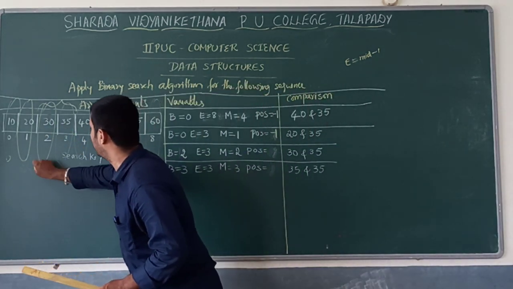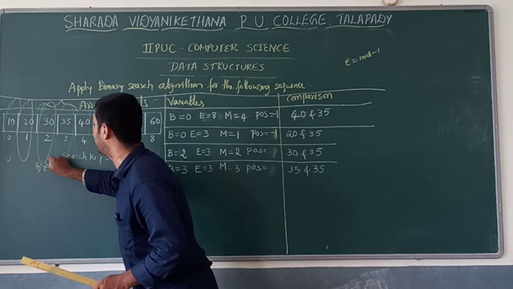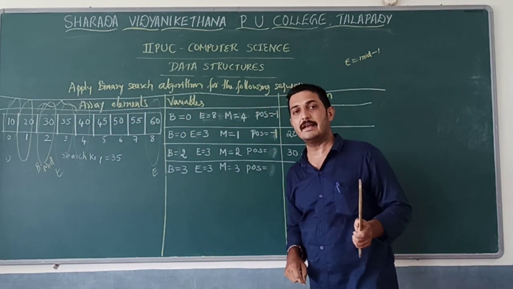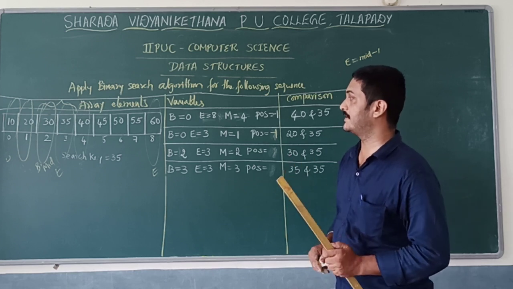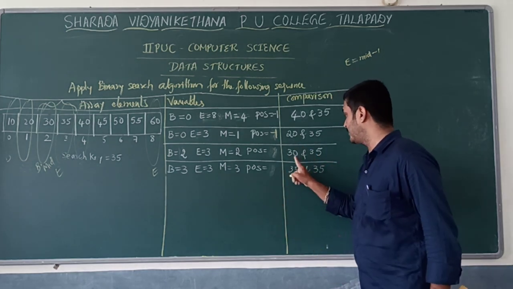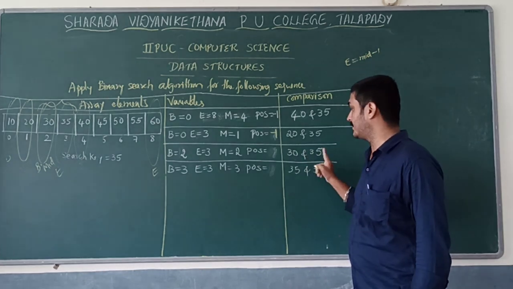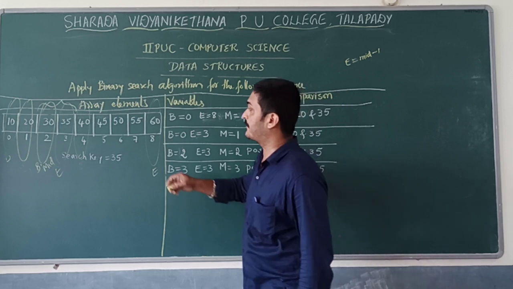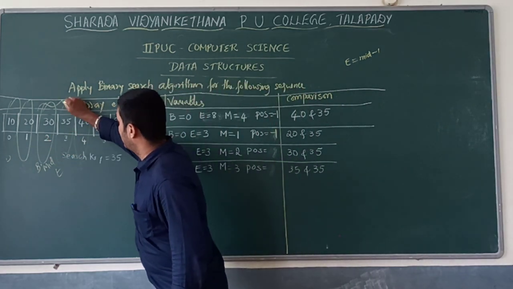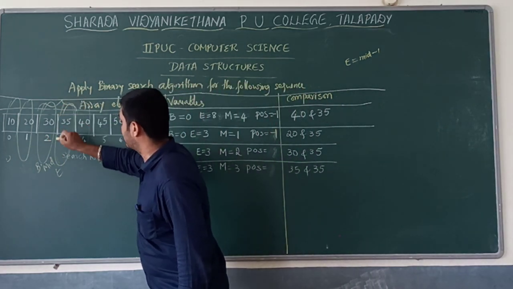Here beginning and mid are at the same location. 30 is not equal to 35, so beginning is equal to mid plus 1.